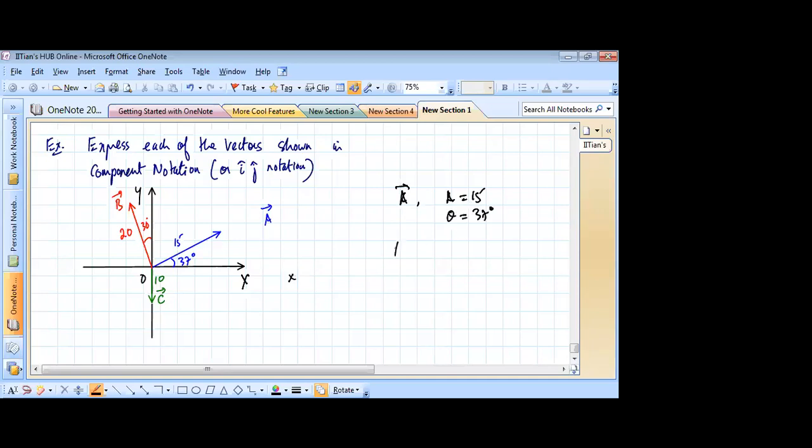So we can directly write x component as, when you do this, you'll get the x component as 12 and y component as, because cos 37 is 4 by 5 and sin 37 is 3 by 5. So you'll get the vector E in component form as 12 I cap plus 9 J cap.